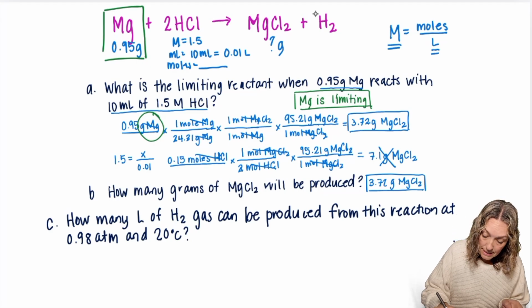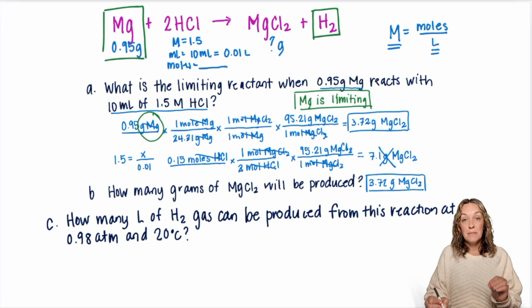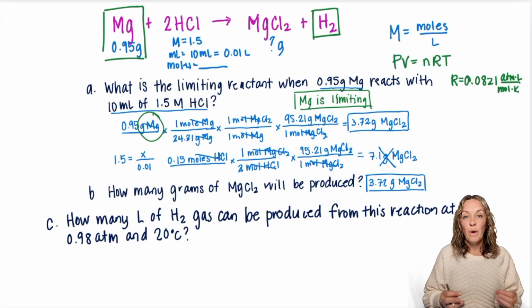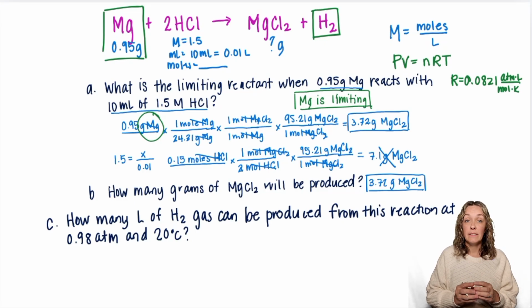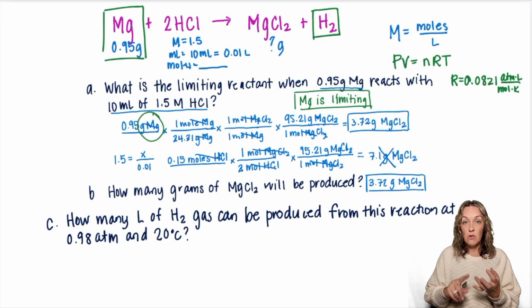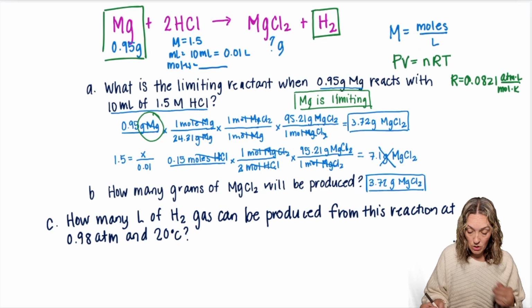Then the problem is asking me to determine how much H2, but specifically how many liters of H2 gas. When we are dealing with gases, remember that PV equals nRT, or our ideal gas law, is going to be very helpful. We can relate the pressure, volume, temperature, and moles of a gas using this equation.